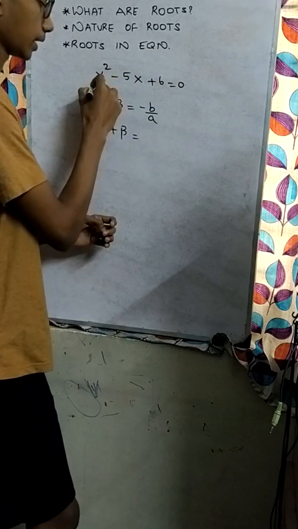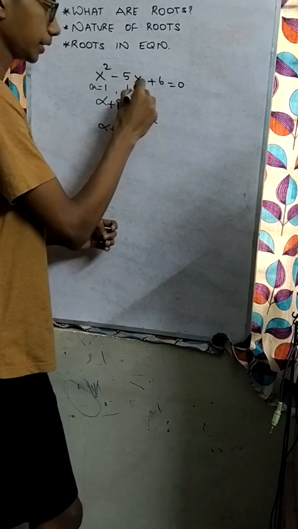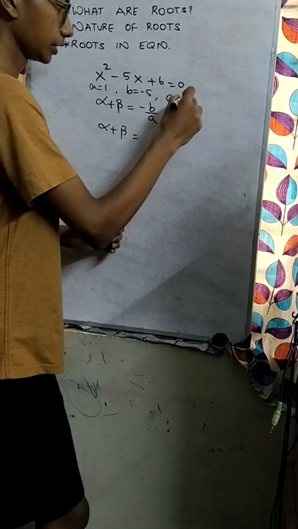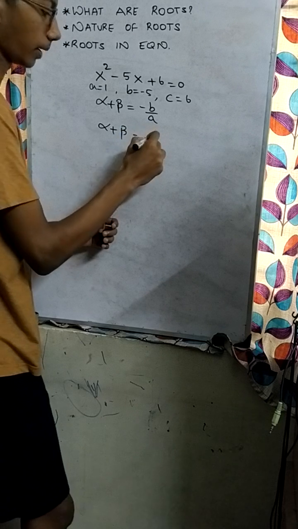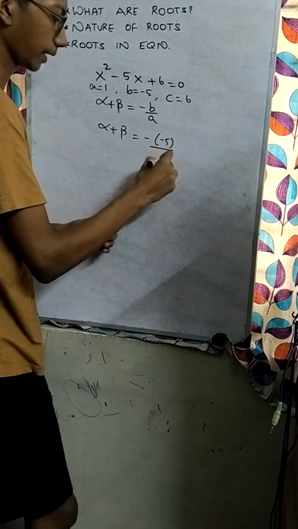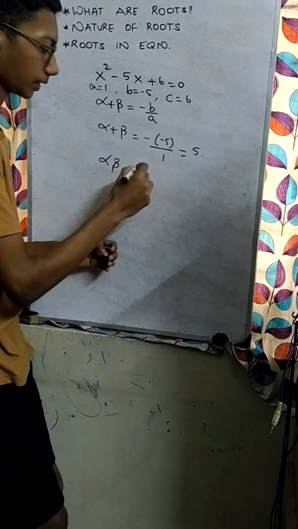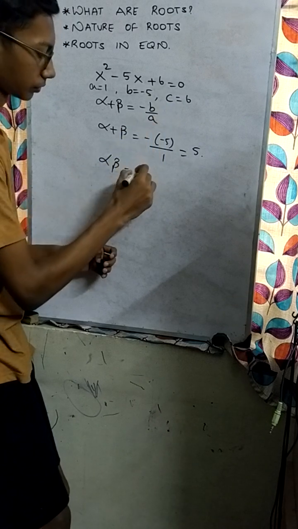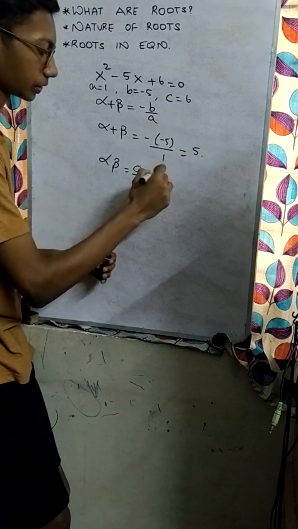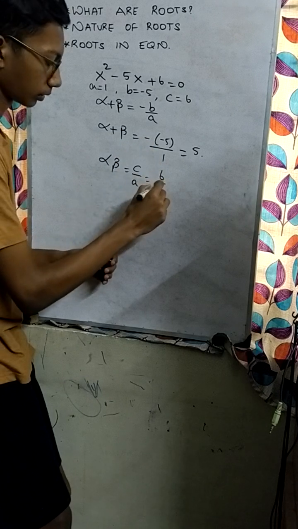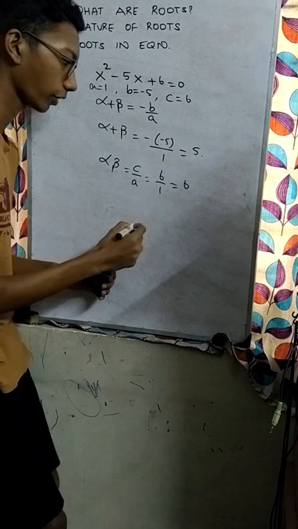Here a equals 1, b equals minus 5, c equals 6. So we have minus of minus 5 by 1, which is 5. Now alpha beta equals c by a. So c is 6, a is 1, so we have 6.